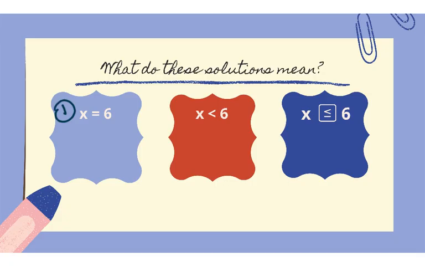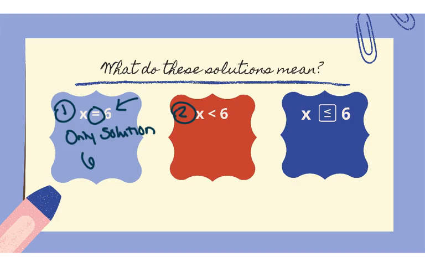This means that the only solution that works would be 6. There's no other number. That is the only number that works. And this would be something you would find when we're just solving an equation, not an inequality, because we have that equal sign.